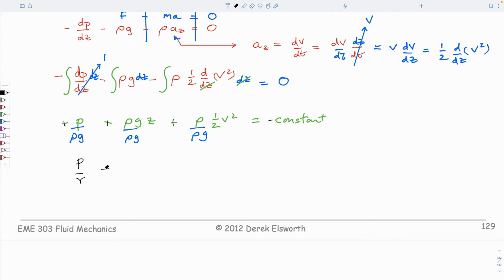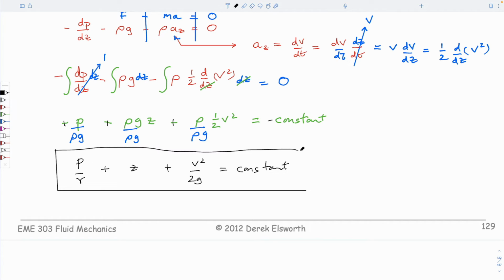And this is equal to z plus v squared over 2g equals constant. That's it. So that's where Bernoulli straightforwardly comes from our equations of statics. The zero goes to being a constant because it's a constant of integration.